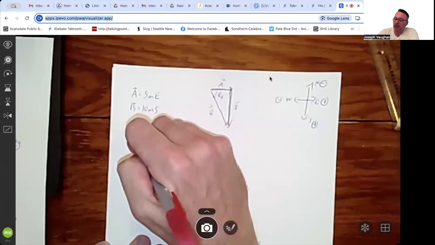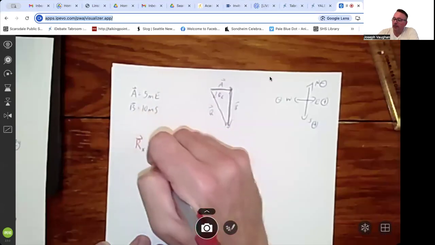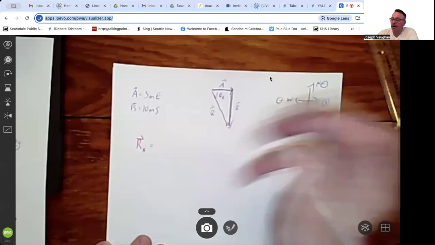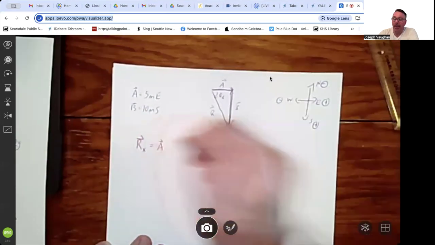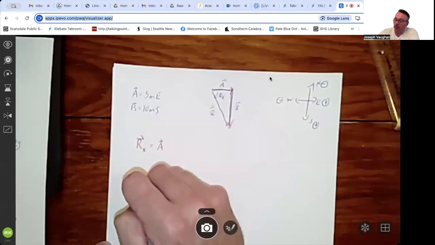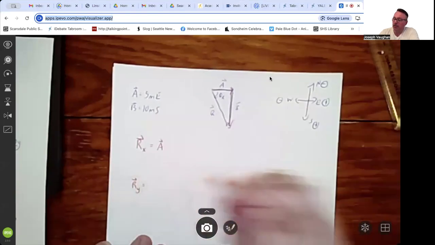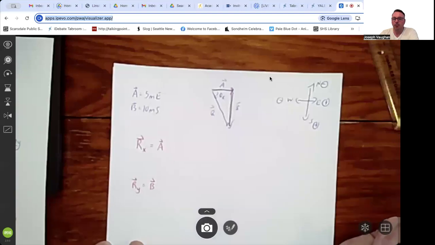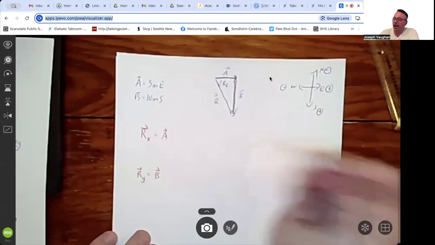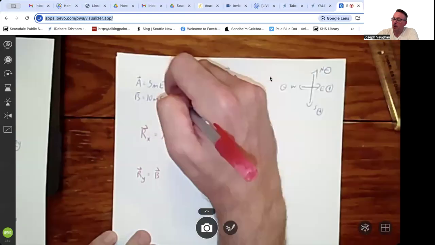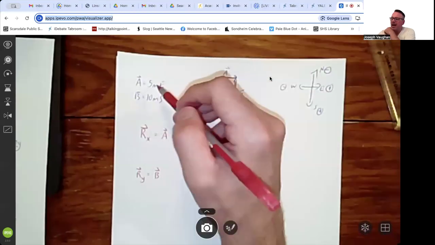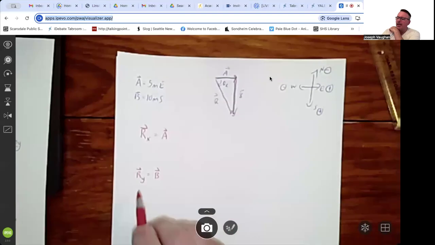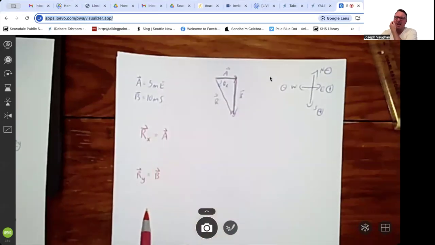So if we want to think about this, the horizontal component of vector R is simply vector A. And the vertical component of vector R is simply vector B, right? So that means that Rx is this positive 5 meters east. And Ry is the positive 10 meters, but that means south. So that's a problem in and of itself as well, mixing south and east.